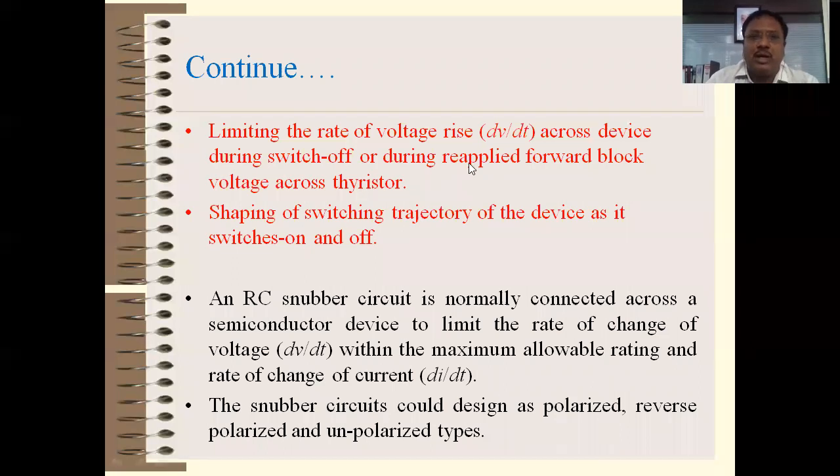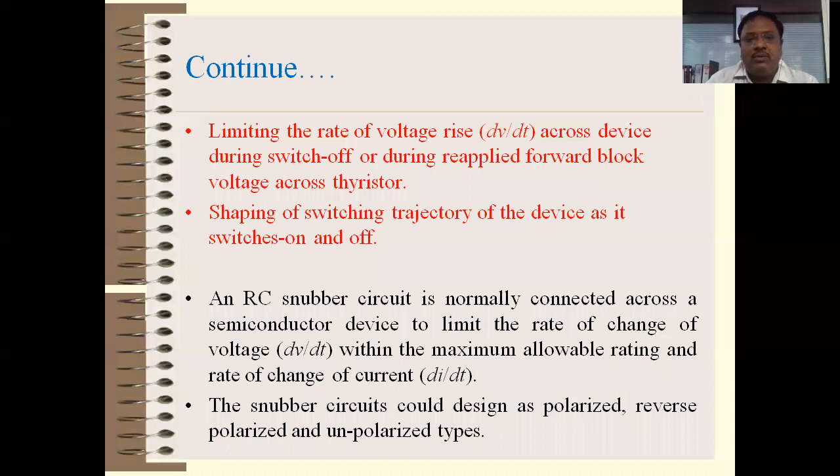Remember this: the snubber circuit components are selected in such a way that the circuit allows less than the maximum voltage handling capacity of the device, so that the device is protected from any kind of damage.